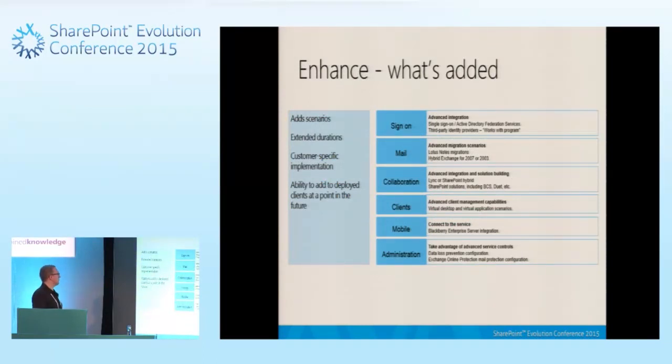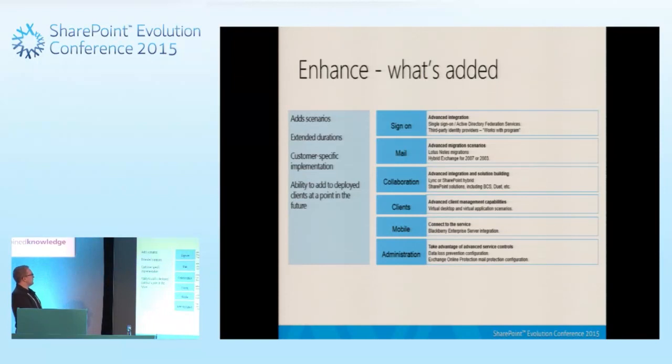And of course, after you have put up everything, you have put up the directory synchronization, people can sign in with the same username and password, both on-prem and on Office 365, then you need to start to take advantage of the new platform which you're having, and that is the enhance part of the fast track.